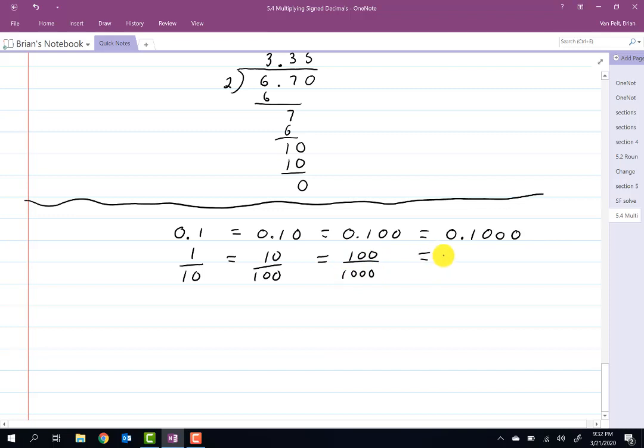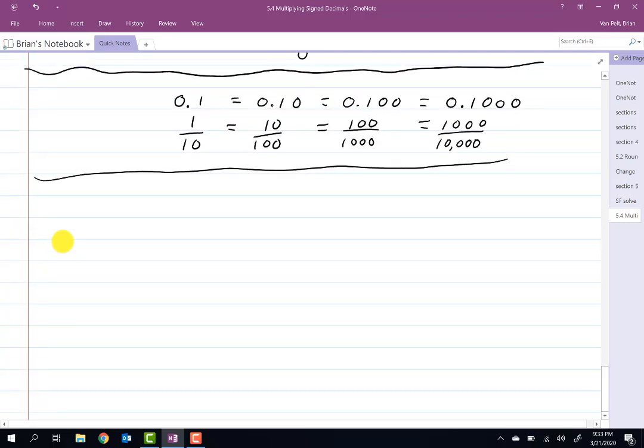I could do it again and get 1,000 ten-thousandths. So you can add zeros to the end of a decimal to your heart's content. That's going to be useful for some of the stuff that we're doing. You saw it was useful for that last example. Just putting the zeros at the end will help you continue carrying on the division.